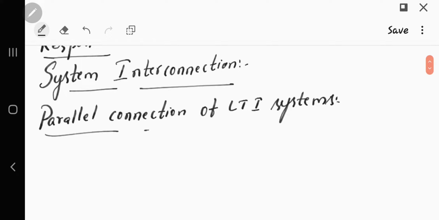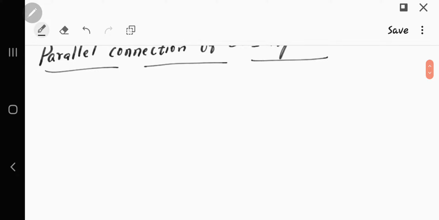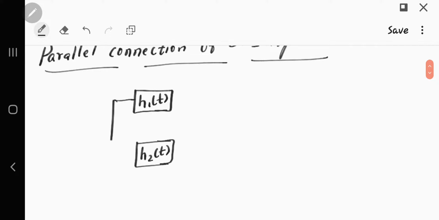Okay, so in this case, let's consider two LTI systems, one with the impulse response h1 of t and another system with the impulse response h2 of t, which are connected in parallel. Now for these two, the input is the same, that is x of t.